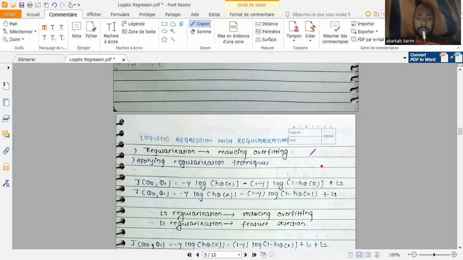To make it easy, overfitting is when the accuracy on my training data is high, maybe 90% or something like that, but when I give my model the other part of the data, the accuracy is less than the training accuracy. Why does overfitting come?